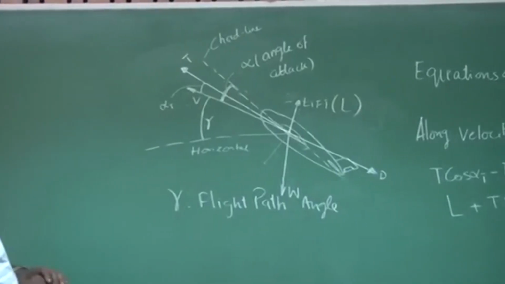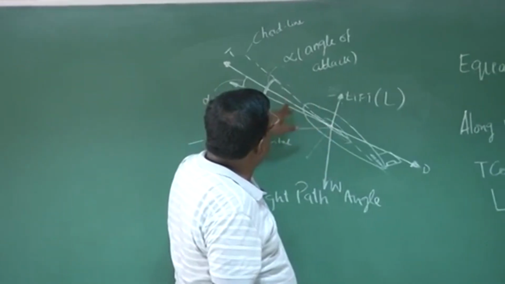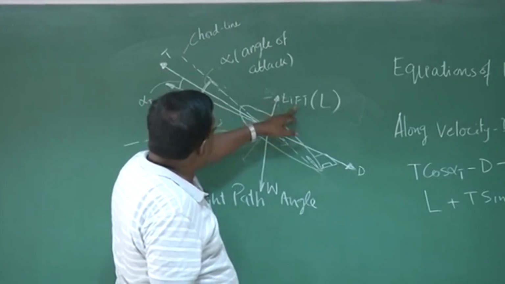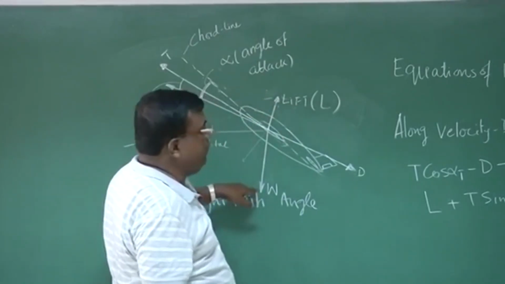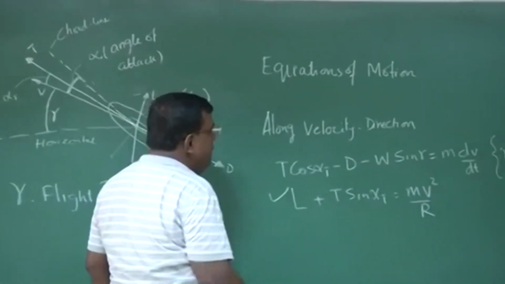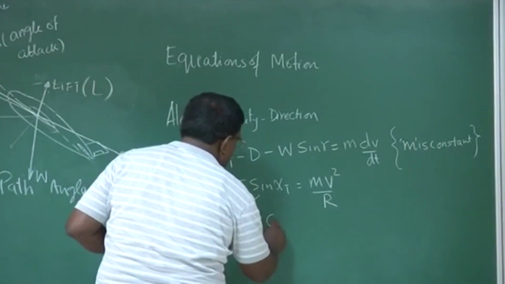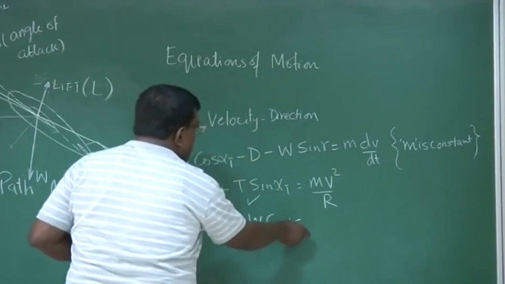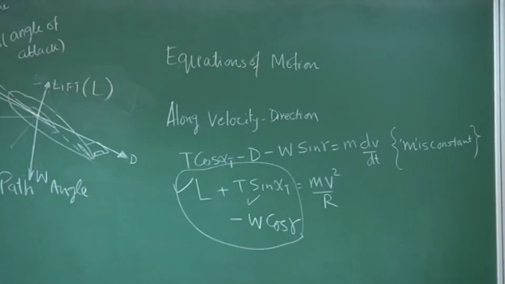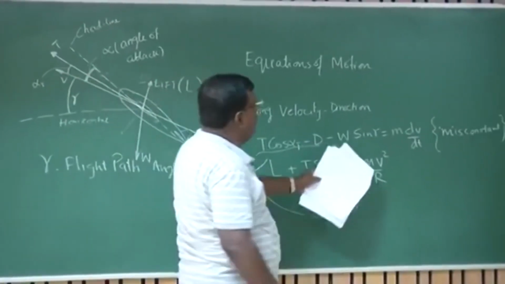Right? Now we'll be writing the equation perpendicular to V, and you could see the forces acting on this vehicle perpendicular to V. One of them is lift, another is the component of thrust, another is the component of weight. So if I want to write this equation now, this is lift perpendicular to V, T sin alpha t is the component of thrust, and then I have to add W cos gamma, and this net force will generate an acceleration, centripetal type acceleration, which I am equating as mV squared by r.